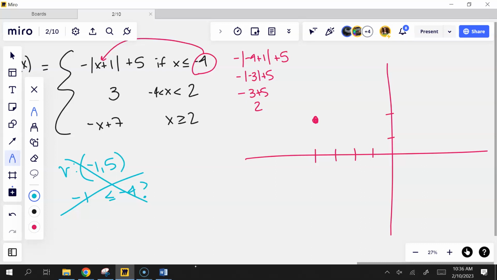Why? Because my vertex, this is my cutoff and I'm going to the left, right? My vertex is all the way over here somewhere, so my graph would be doing this. I don't need this because I only want the left side of it. So now I can just apply the slope, but this time I'm going to the left, so I have to do the opposite of the slope. What's the slope? -1.